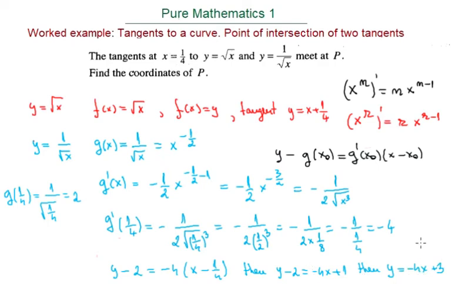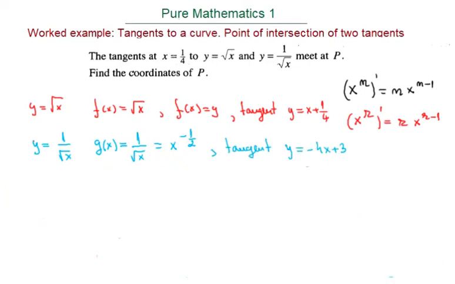Now that we have the two, finding the point of intersection means finding the point of intersection of any two straight line graphs. We have their equations here, y equals x plus 1 over 4 and y equals minus 4x plus 3.